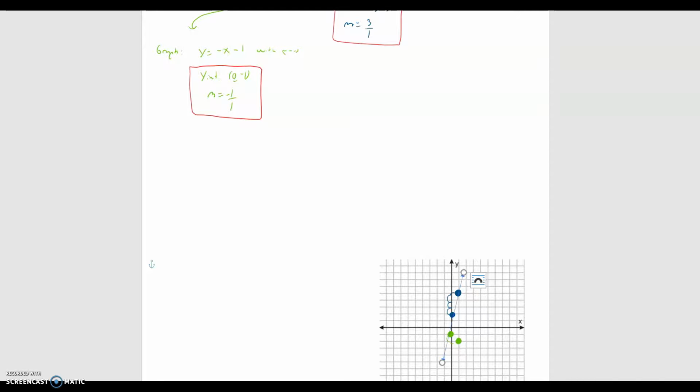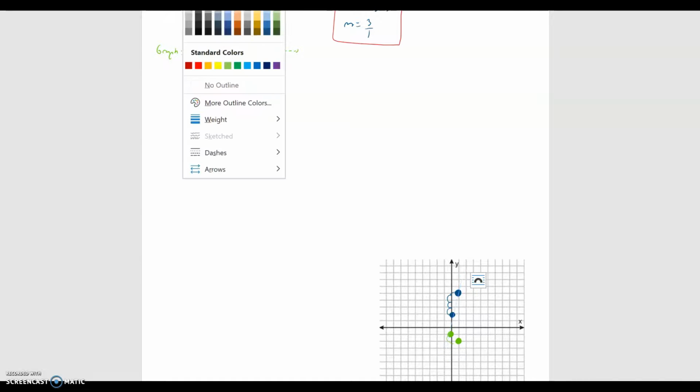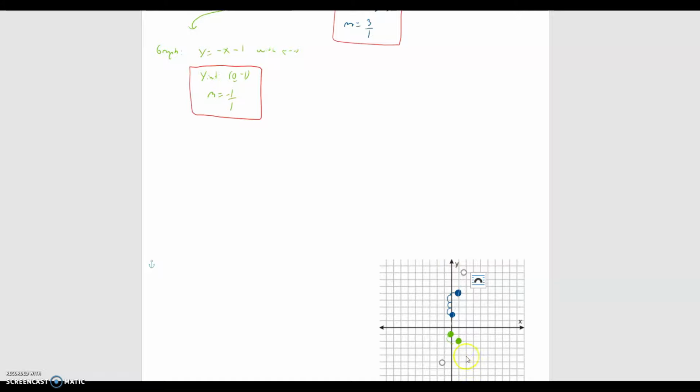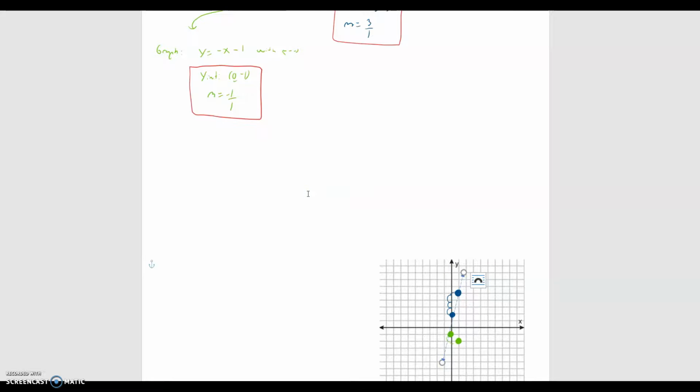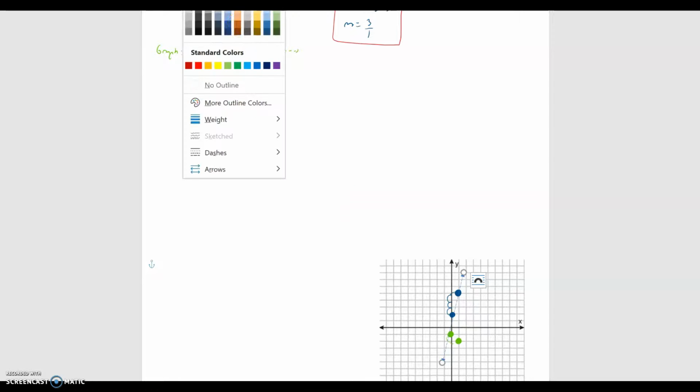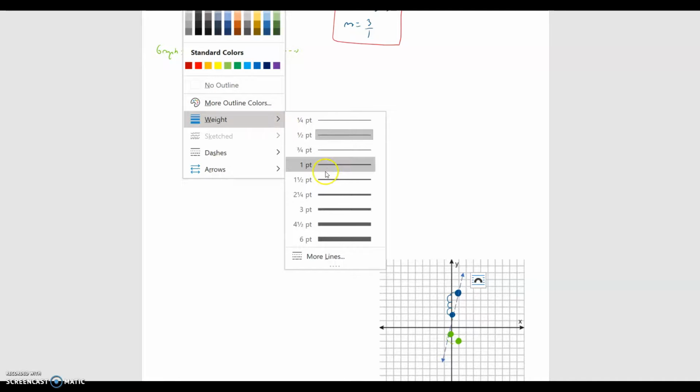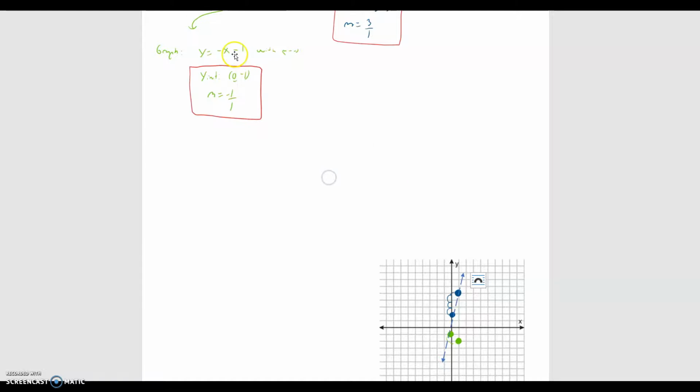Let me do the second one, and let me put it in green. Oh, okay, I modified it. Let me do another insert.